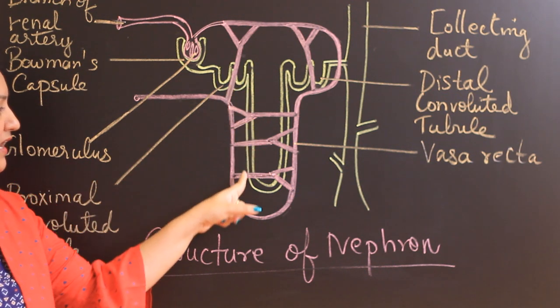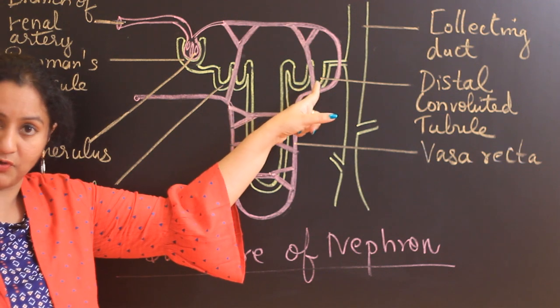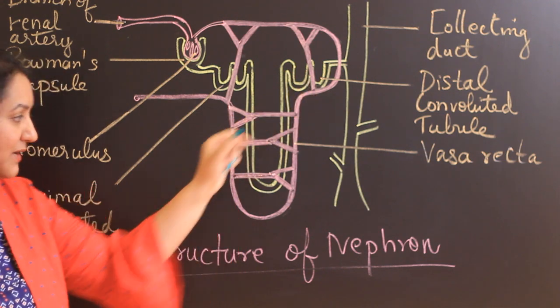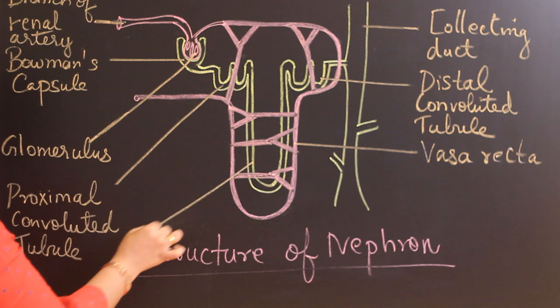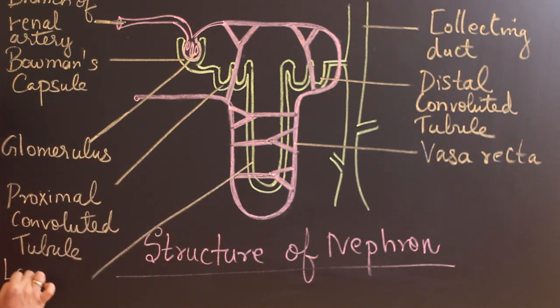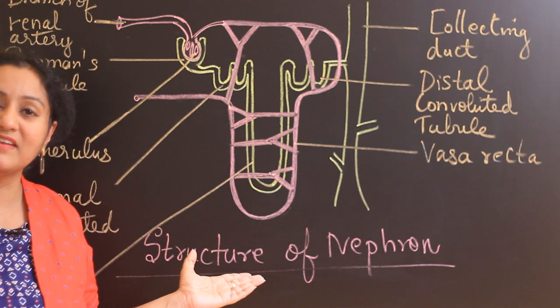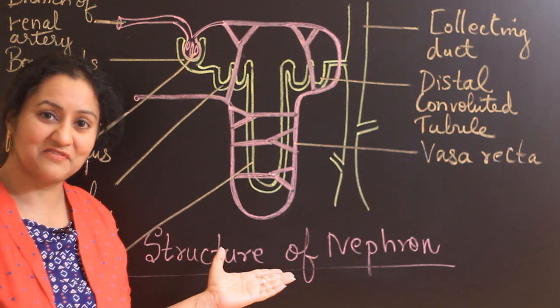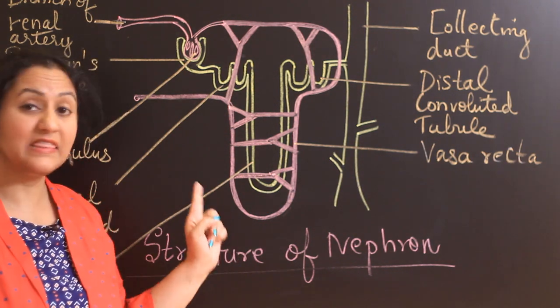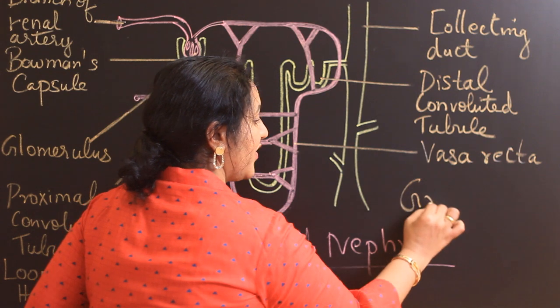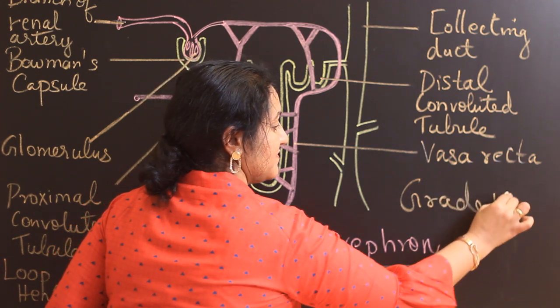And hairpin like part of the tubule of nephron, it's called as loop of Henle. So this is how you can draw structure of nephron in a very simplified manner, and this is for grade 10.